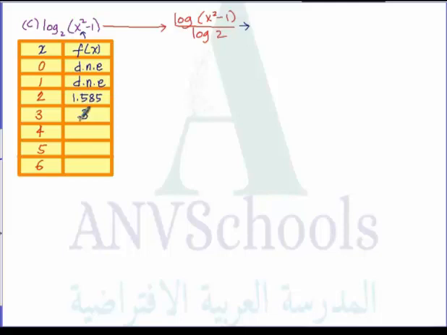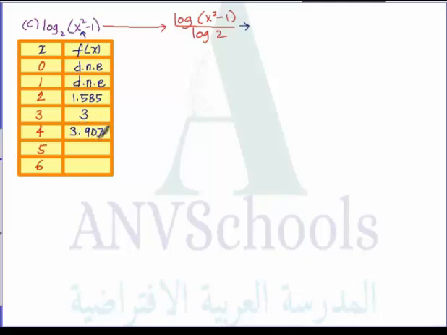Which makes sense because in this case, if our x is equal to 3, that's 3 squared minus 1, which is 8, and log base 2 of 8 is 3. So now let me have my x equal to 4. That's log of 15 divided by log of 2, and this will give me 3.907.